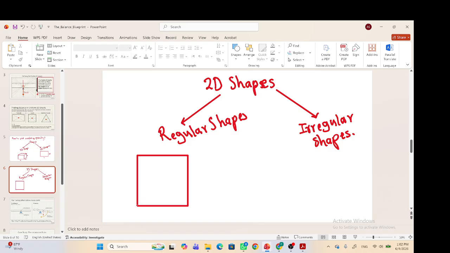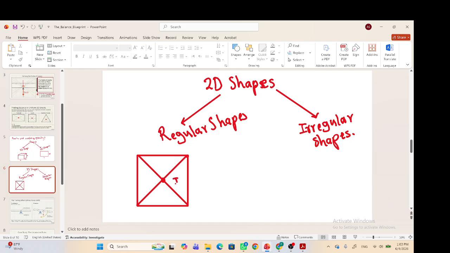For example, from this corner or from this point, you draw the diameter of this shape. Now you should draw another diameter of this shape. We have the point where they cut each other, they cross each other.